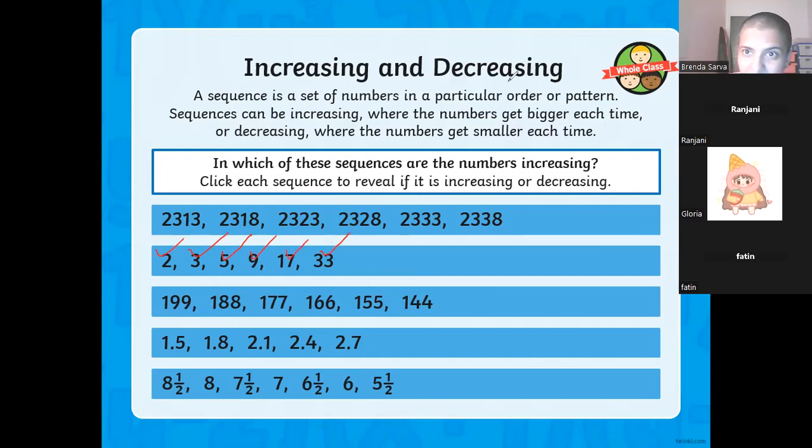So there is a pattern here. From 2 to 3, you added 1. From 3 to 5, you added 2. From 5 to 9, you added 4. From 9 to 17, you added 8. And from 17 to 33, we added 16.